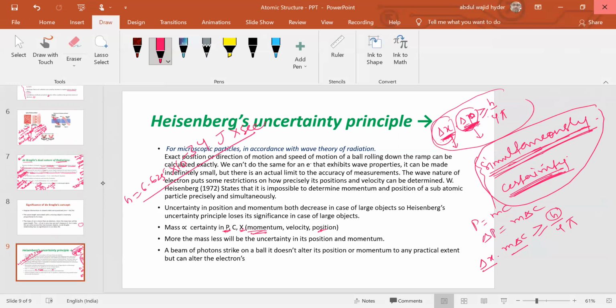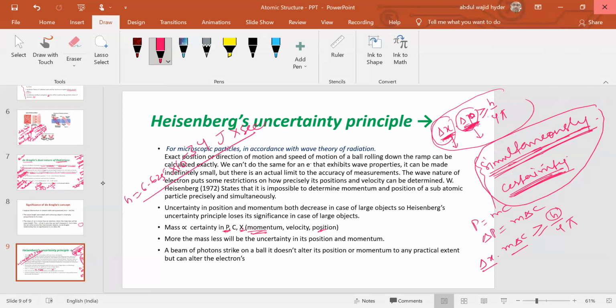Like this, all four values were 6.625 in 10 to the power minus 34, but units were different. You should be very particular about units too, not only exact numerical values. So 6.625 into 10 to the power minus 34 joule into second is the value of H.